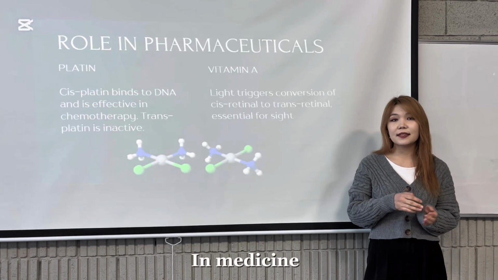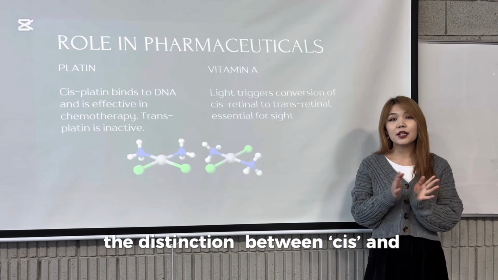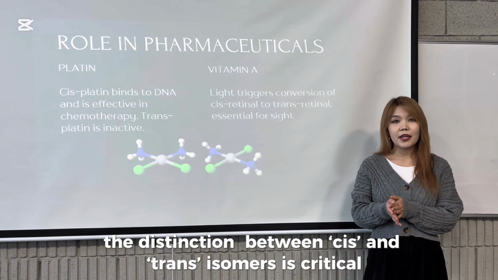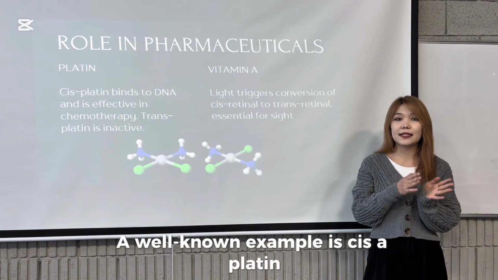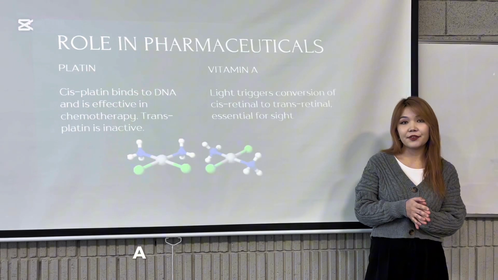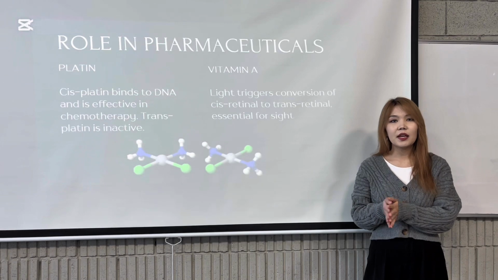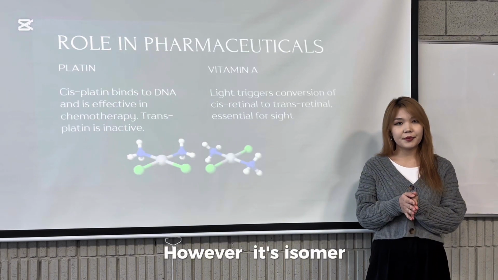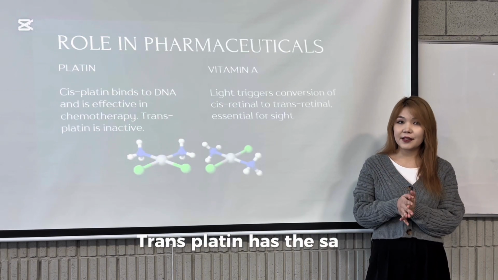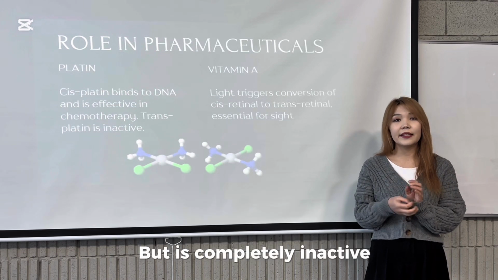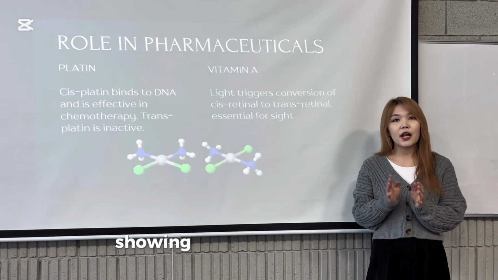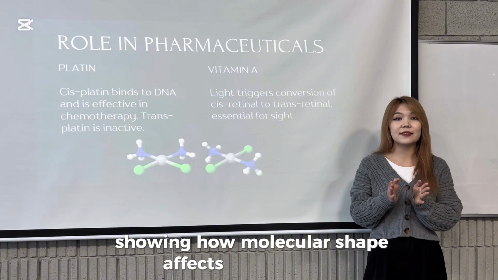In medicine, the distinction between cis and trans isomers is critical. A well-known example is cisplatin, a chemotherapy drug that effectively binds to cancer cell DNA. However, its isomer, transplatin, has the same formula but is completely inactive, showing how molecular shape affects drug function.